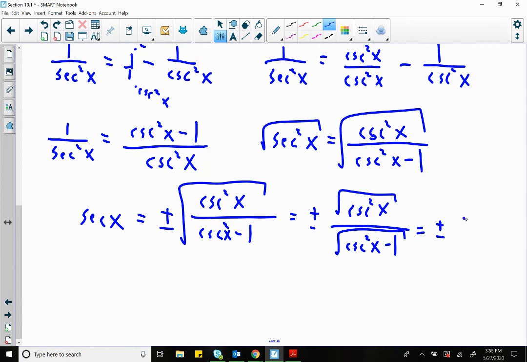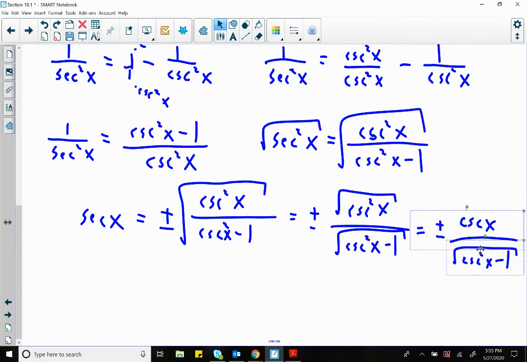So on top, we have cosecant x. Kind of a nice piece. On the bottom, though, this square root does not take care of that, so we still have the square root of cosecant squared x minus 1. And again, remember I just talked about Joe Schmo that says, I don't like this. So we have to rationalize.